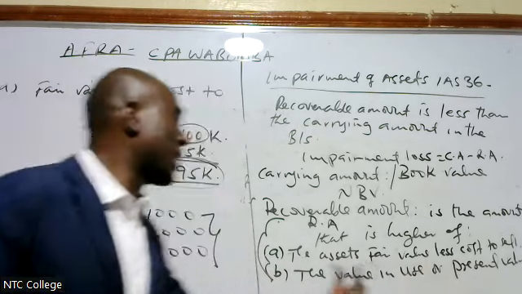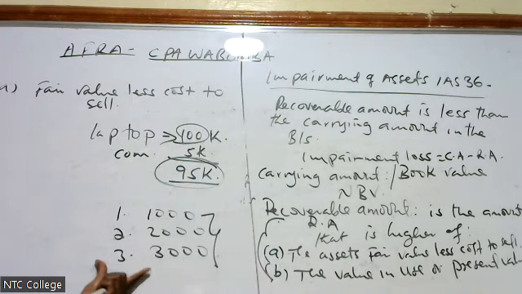Therefore, for us to get it, we are going to discount the cash flows. We have the formulas of discounting. If it is a lump sum, you use the formula 1 plus R raised to negative N. I believe you are FM experts.